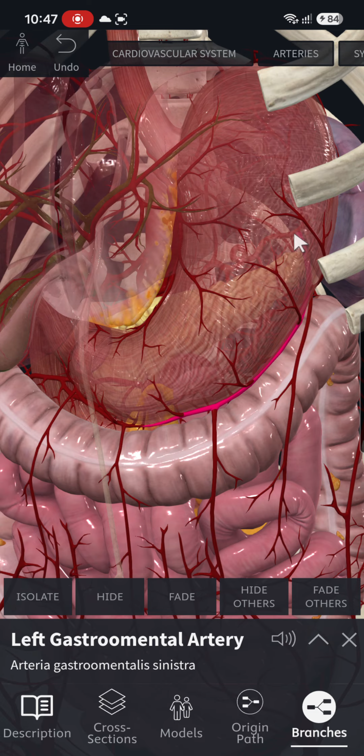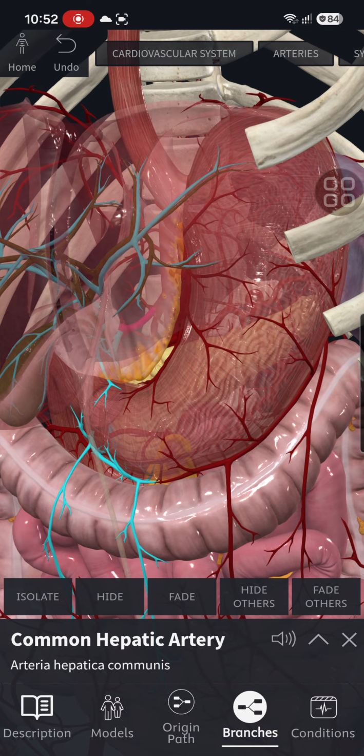So until now, we have the left gastric, left gastroepiploic, and we're going to see later on where the right gastric and right gastroepiploic are going to come from, which are going to anastomose with their congruent left branches. Also, of course, the splenic artery will give branches to the pancreas. Now let's get into the common hepatic artery.